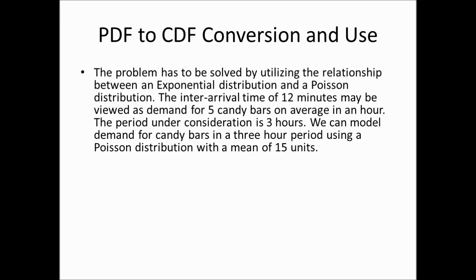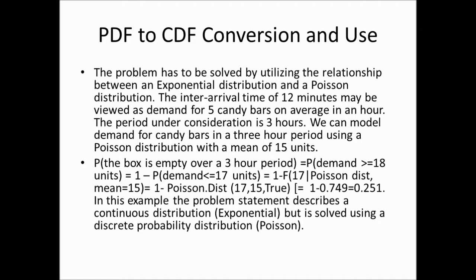So we can view that as a demand for 5 candy bars on average in an hour. We are looking at a planning period, a period of interest of 3 hours. So you can model demand for candy bars in a 3-hour period using a Poisson distribution with a mean of 15 units.